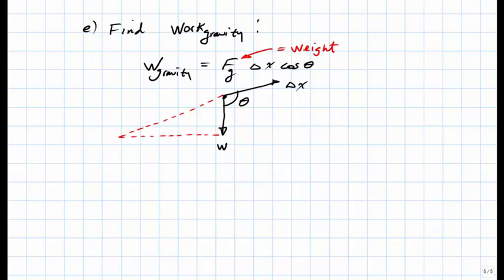We know that this angle was given as 30 degrees. We also know that the sum of the angles in a right triangle must equal 180. The other way to look at it is the two acute angles within a triangle must equal 90. And so if this angle is 30, this angle is 60.